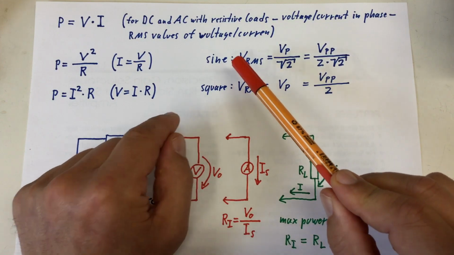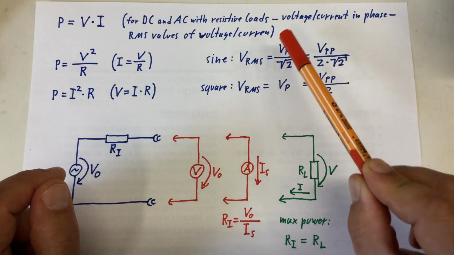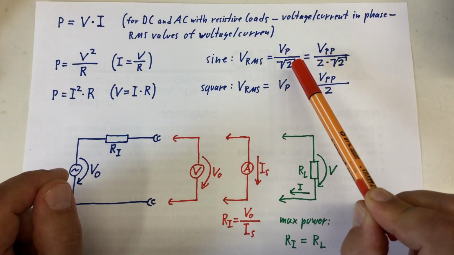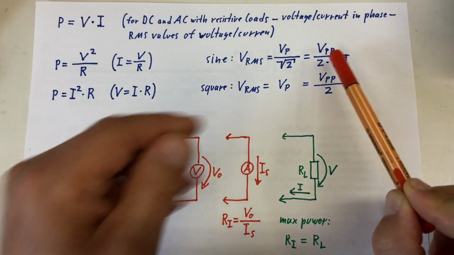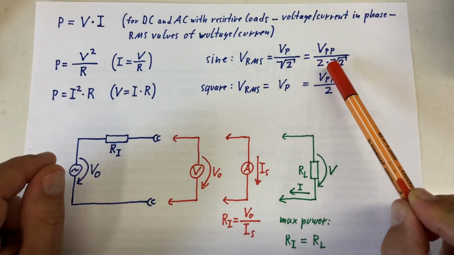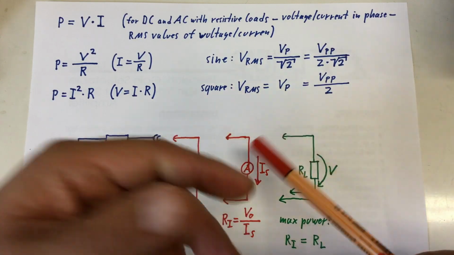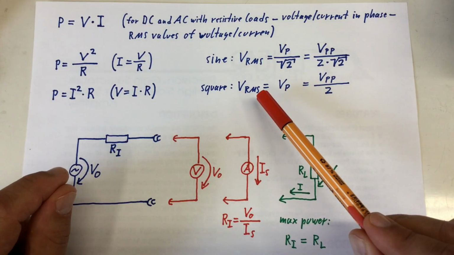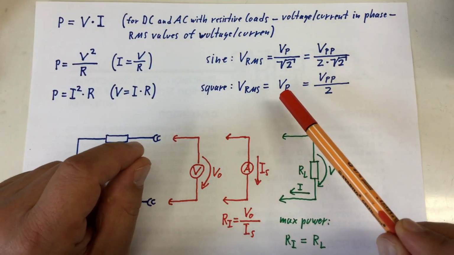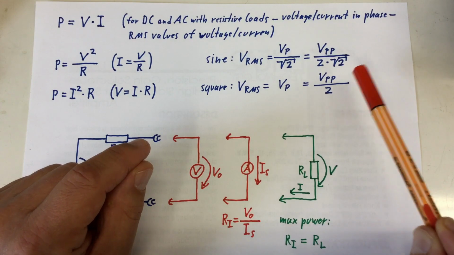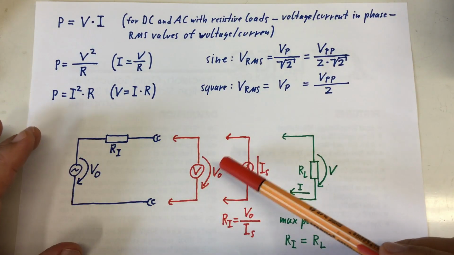Also, the RMS value for a sine wave is the peak value divided by square root of 2, or the peak-to-peak value divided by, well, trivial, 2 times square root of 2. And for a square wave, which we also want to measure, its VRMS is equal to the peak voltage, or the peak-to-peak voltage halved.